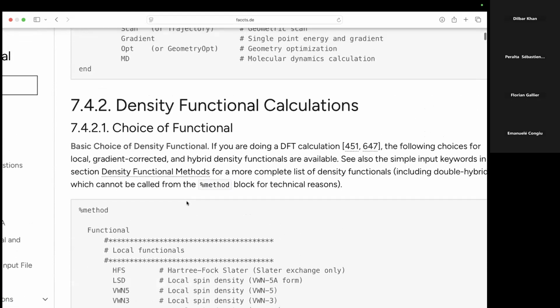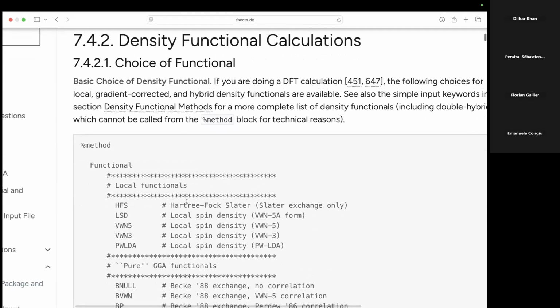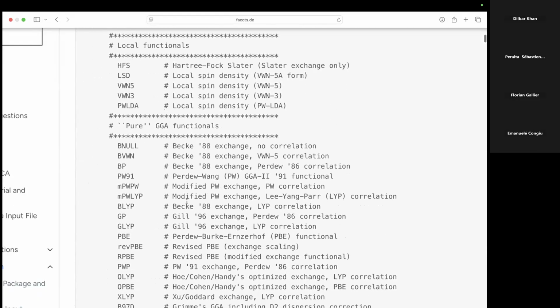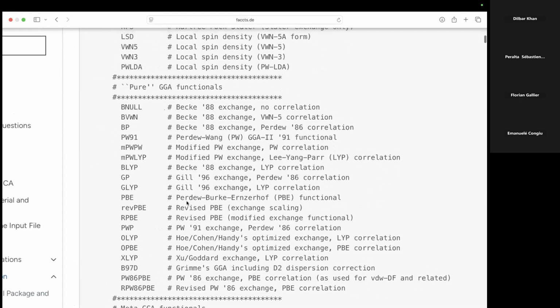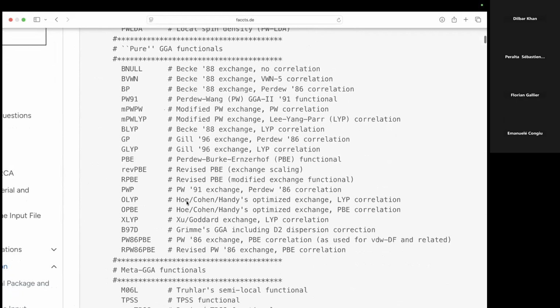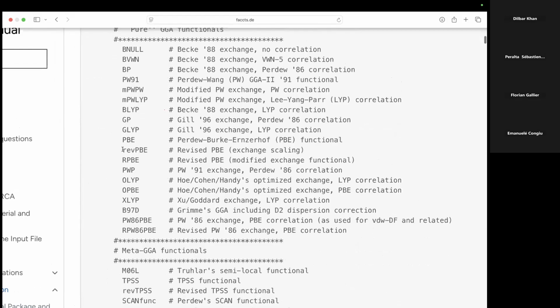Now, choice of the density functional. It is a very big issue because we don't have a universal density functional. What we have is different types of density functionals. So what is the best density functional? I don't know actually which one is the best. In my research, I typically employ revised PBE functional in computation.